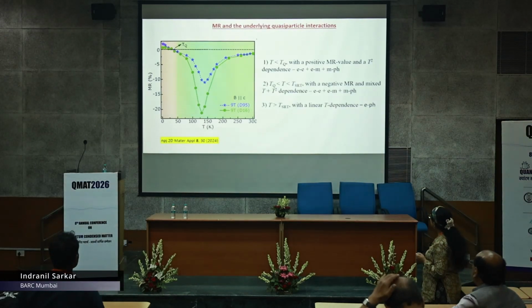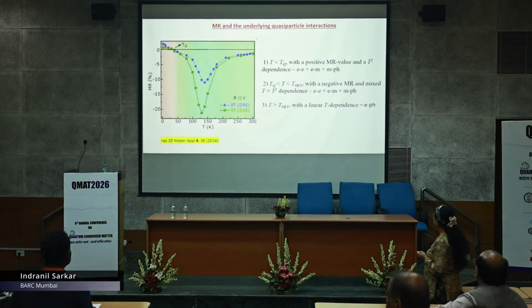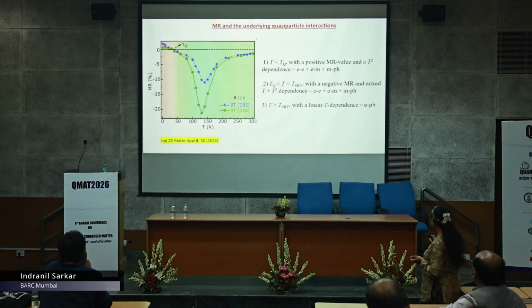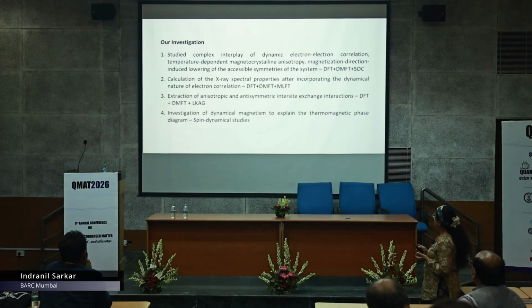So all these electron, magnon and magnon-phonon contributions will be present here also, but after T crosses TSRT, there is a linear T dependence, and there only electron-phonon is relevant.